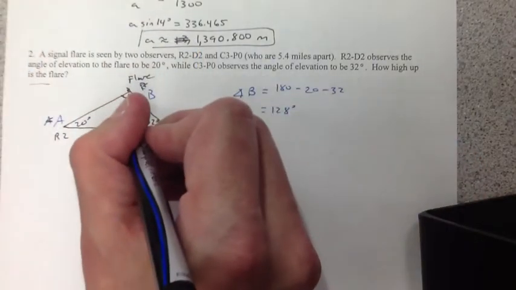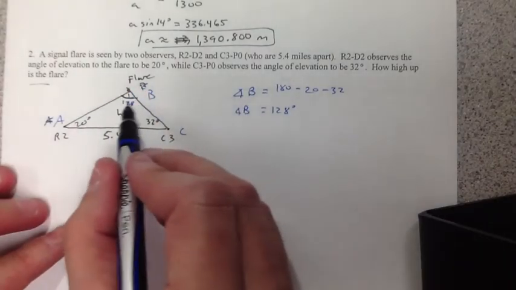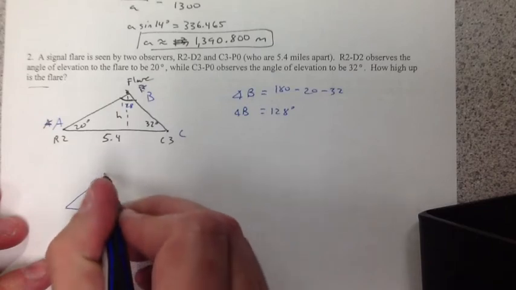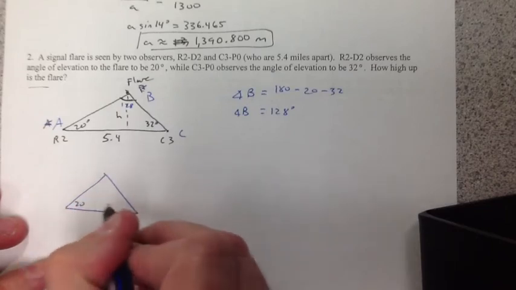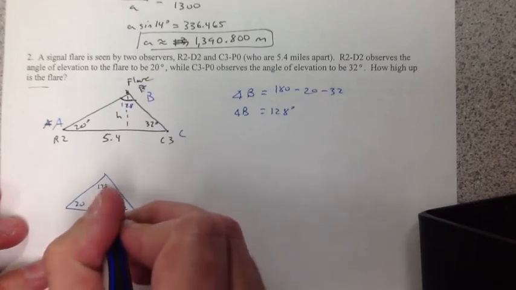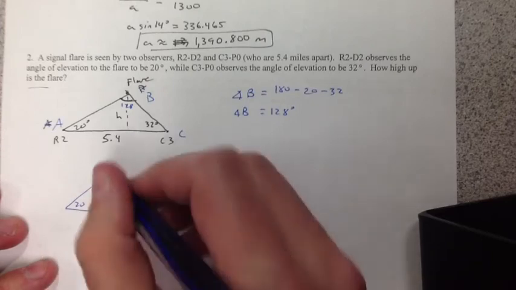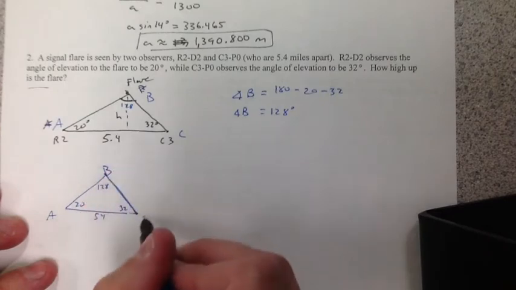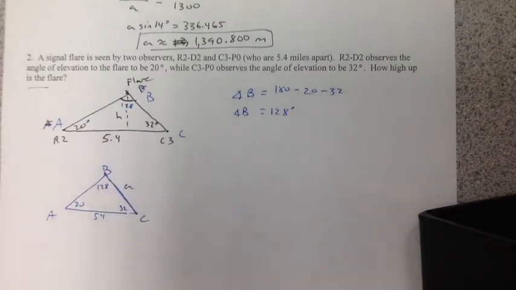So there's 128. Now you might be asking, why do we want this? Okay, well if I draw it out again, ignoring the height part, there's 20, 32, 128, 5.4. I can find this length, A, B, C. I can find little a.